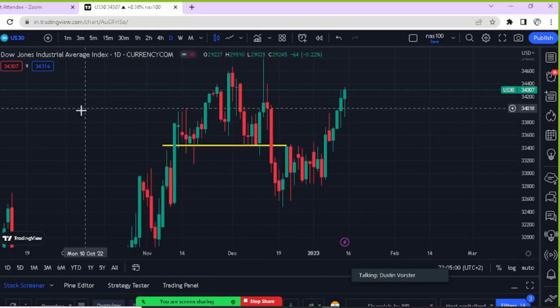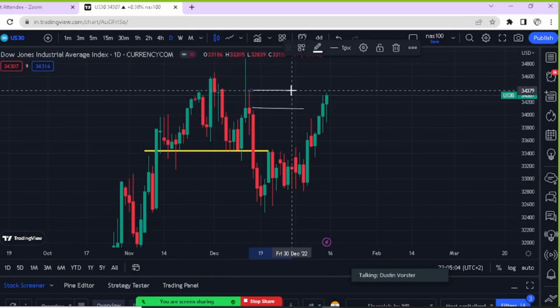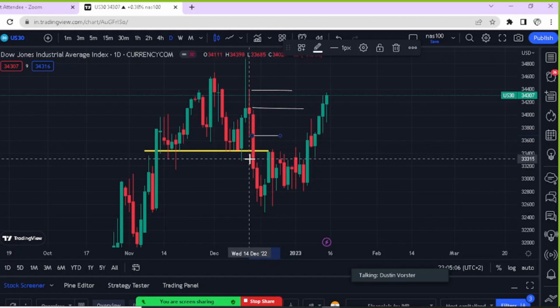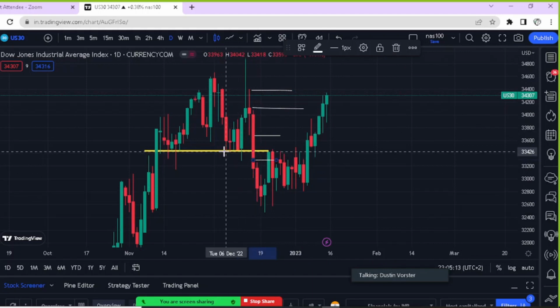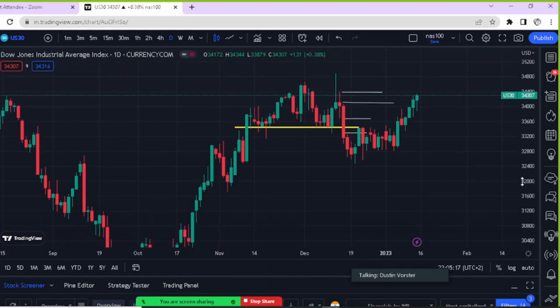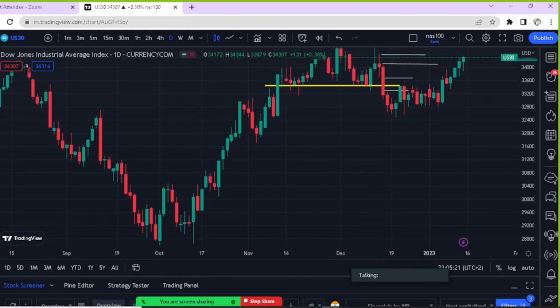Okay, so I'm not talking about supply and imbalance. Yes, there was imbalance. It filled 50% of the imbalance, but I'm talking about breaking and testing the neckline. It's the same as over here.